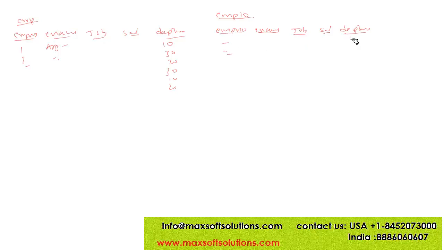Here you are going to write the 10 department data. Okay. Next you are going to prepare an EMP20 file or table: EMP-NO, ename, job, sal, DEPT-NO. Here, 20 department data.